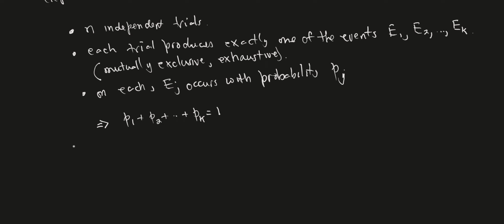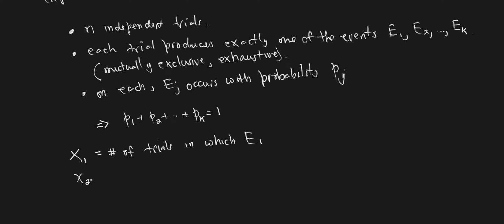So we're going to have X1, and this will count the number of our n trials in which E1 occurs. So out of the n independent trials that we're going to conduct, how many of them end up with event 1? That count is going to be represented by X1.